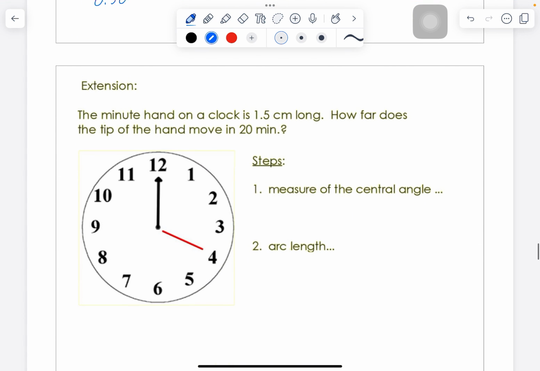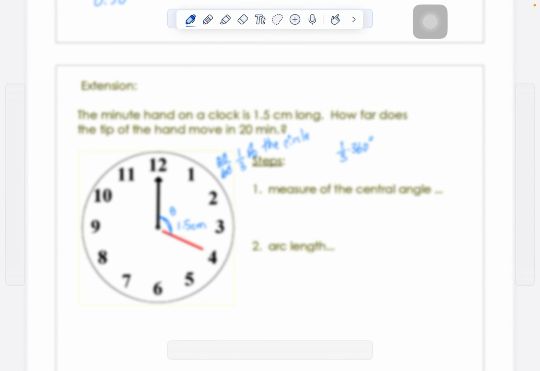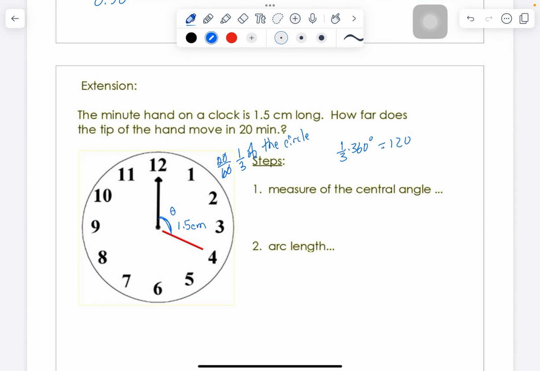Okay, the minute hand of a clock is 1.5 centimeters long. How far does the tip of the hand move in 20 minutes? So we need to first find the measurement of this central angle. Well, if this is 20 minutes out of 60 minutes, this is essentially 1/3 of the circle, or 1/3 of 360, and I got the 360 because of the full circle, is 120 degrees.